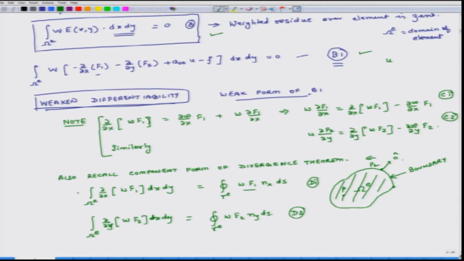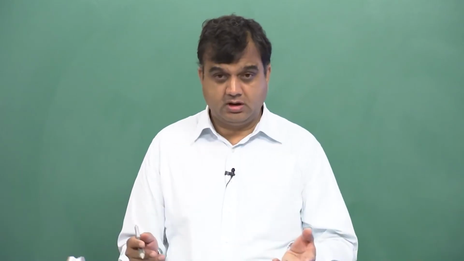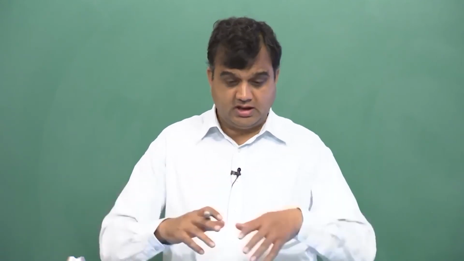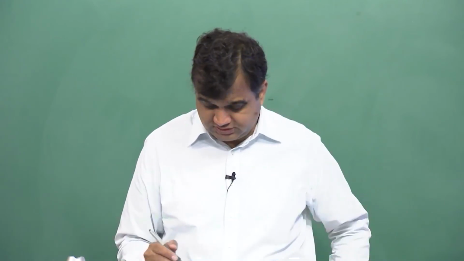So, at every point I know the direction of this n vector, which is a unit vector in the normal direction. Then it will have an x component nx and a y component ny. So, I can calculate nx and ny because the outside surface is known. If the edge of the surface is known, then at every point I can calculate nx and ny, because I know the actual physical shape of the system.